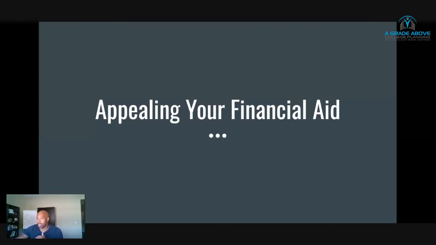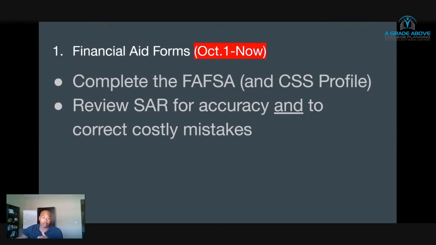Let's dive into step number one. I also included some dates here to give you a general idea of when you should be doing certain things. The first thing you want to do when it comes to filing a successful appeal is complete the financial aid forms if you haven't already done so, whether that be the FAFSA or the CSS Profile, and maybe both.